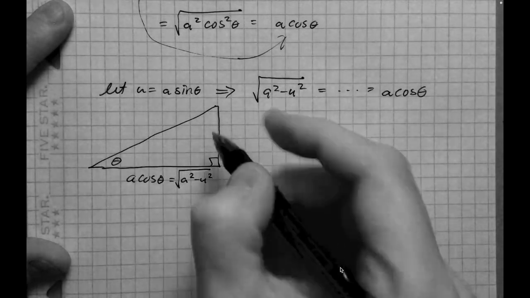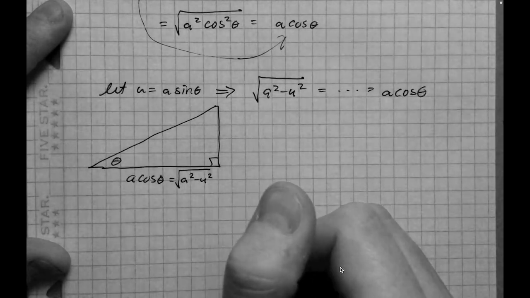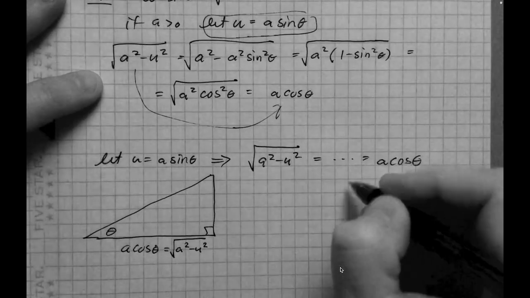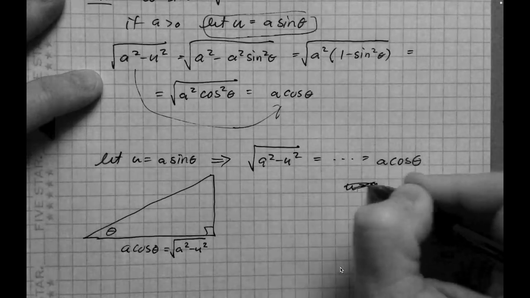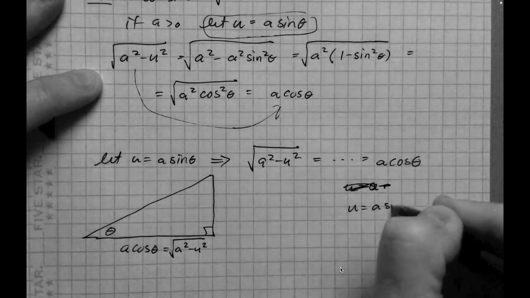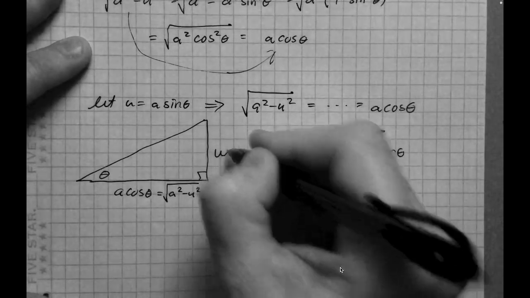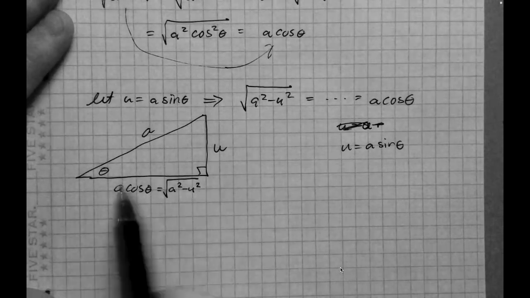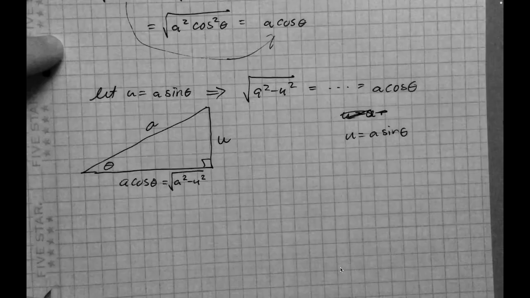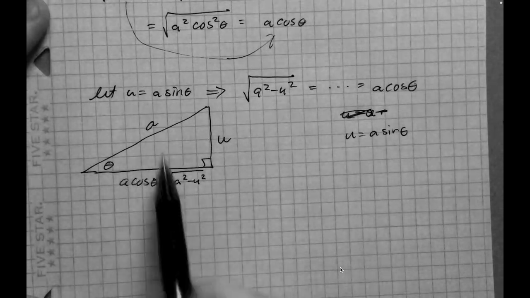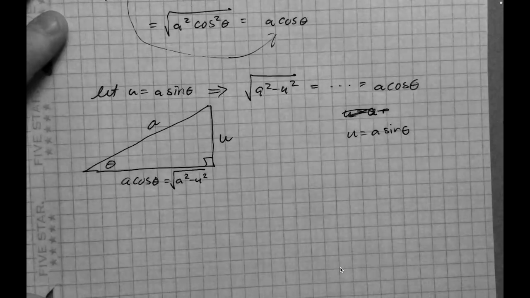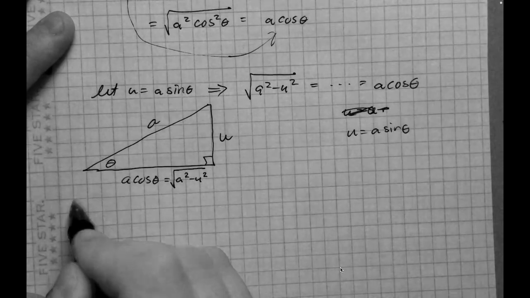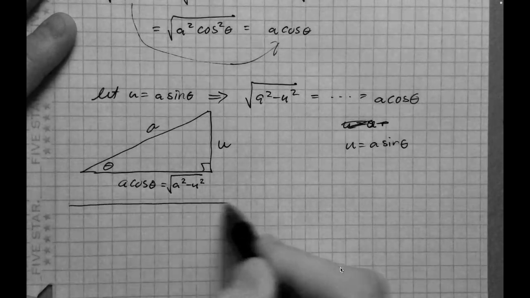Oh, sorry, this whole thing is premised on u equaling a sine of theta. So that means your u is up here, your a is here, and then the remaining piece is your a cos theta. So cos is always the length in this direction. Right, so this is the triangle that gets set up in the background of a problem like this. Okay, so that's like the most intuitive piece of it.